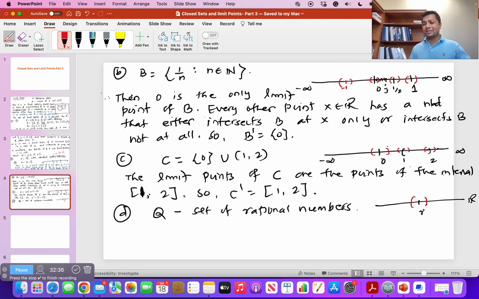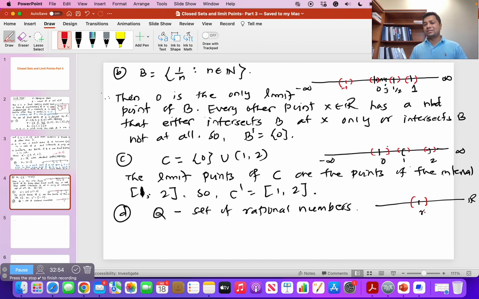Also, instead of a rational number, if you take r to be an irrational number, like I said earlier, if you take an open interval of real numbers containing it, that open interval will contain both rational and irrational numbers.